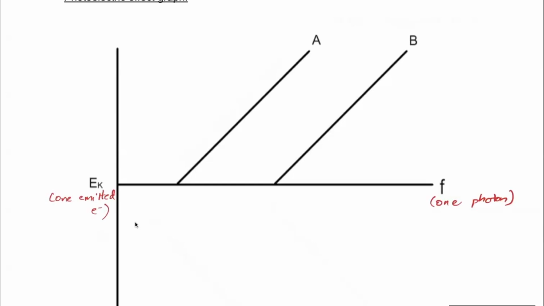Okay, so the slope is going to give us something that is constant. Oh, good. Which is Planck's constant. And that is the same on either line.